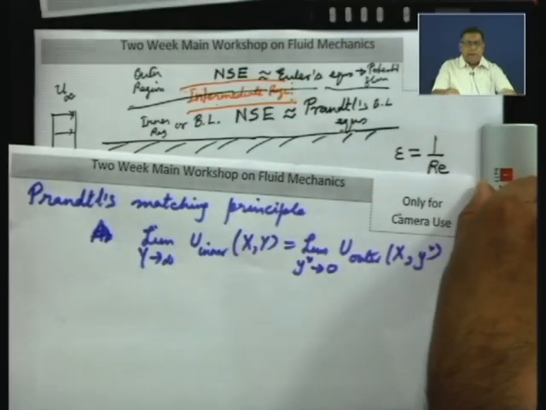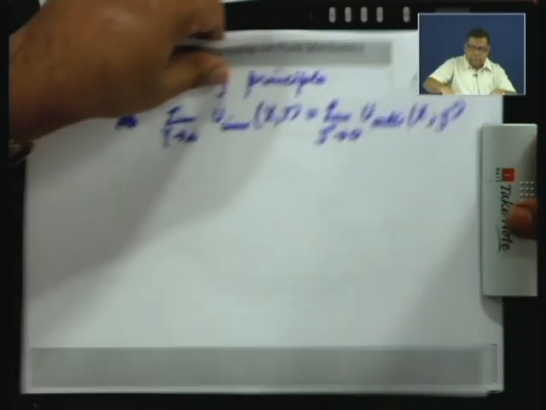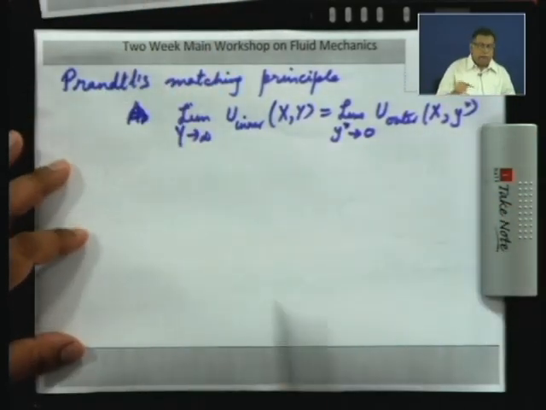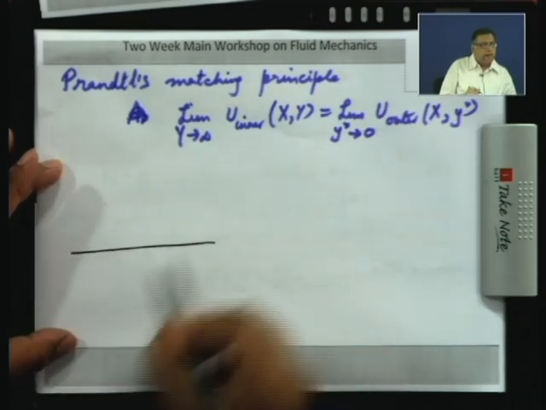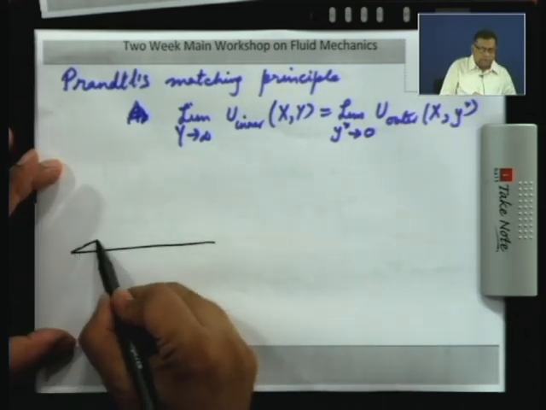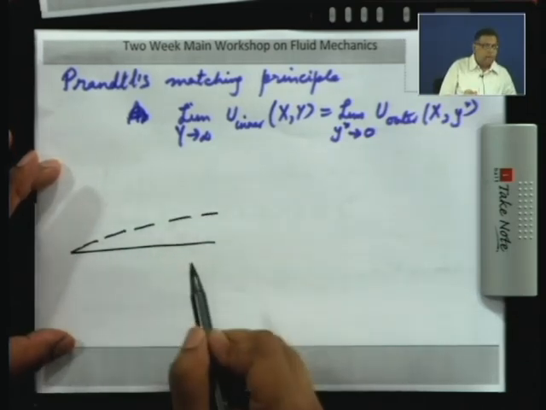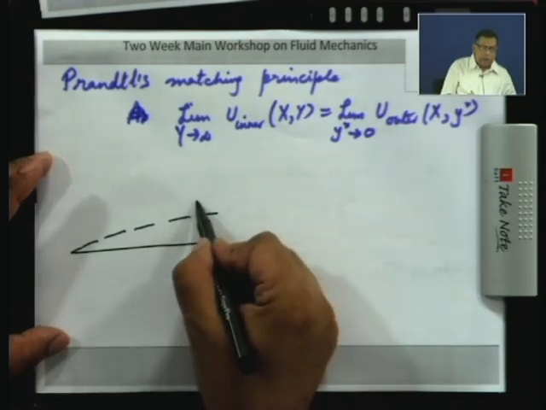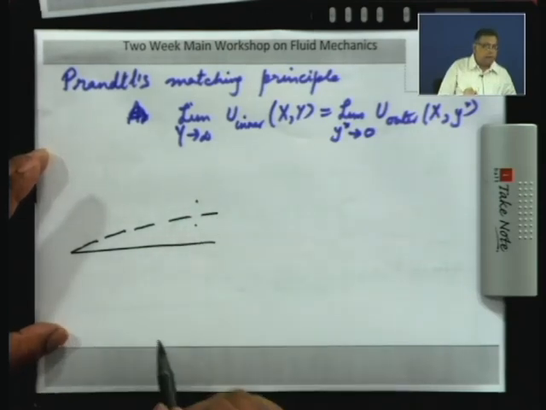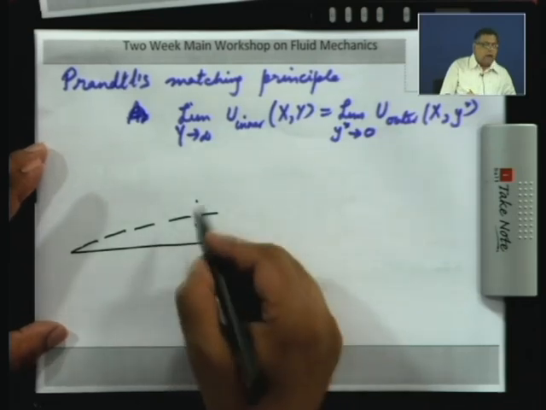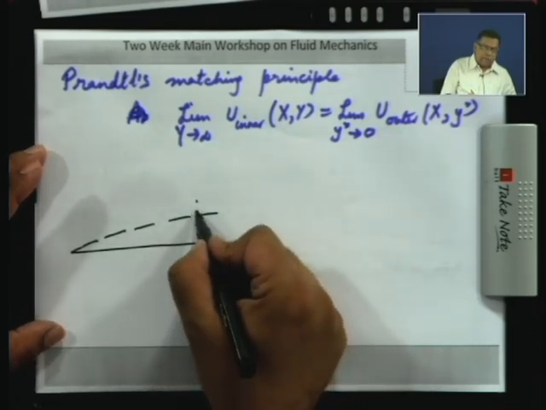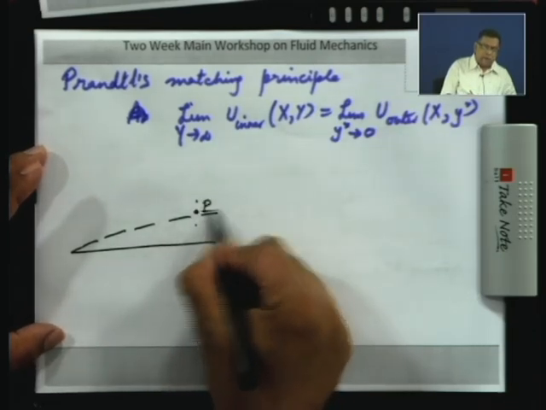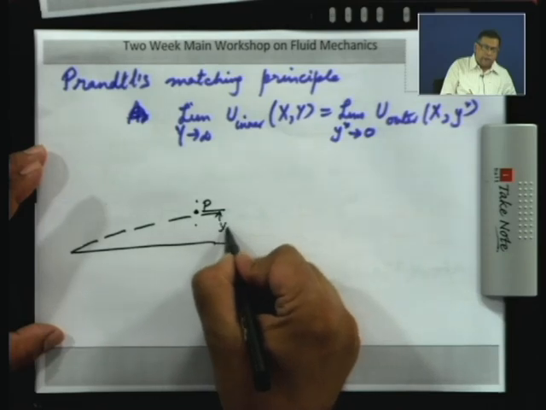Now, I will give you a physical interpretation of all this mathematics. What we are saying is that you have a plate here and a thin boundary layer, and you have a point which could be outside the boundary layer or slightly inside the boundary layer in the inner region. Now, suppose I have a point somewhere here, let us say a point P, it has a dimensional distance y p.